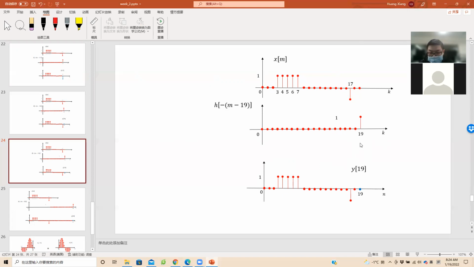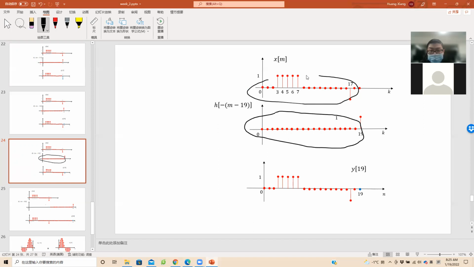But we can't stop now, because there is still a lot of overlapping between these two signals. So we need to continue until there is no overlapping between these two signals.